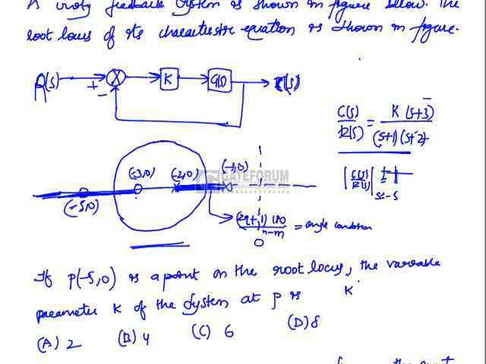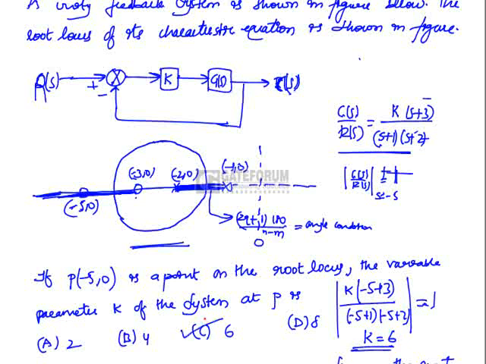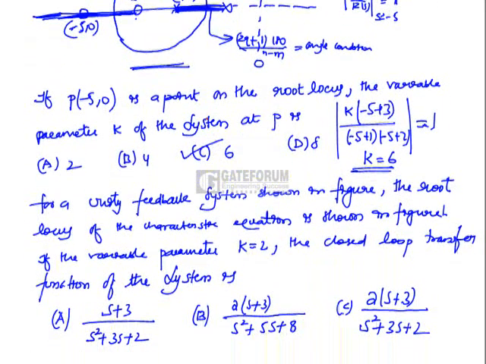At S equal to minus 5, this is K into (minus 5 plus 3) by (minus 5 plus 1) into (minus 5 plus 2). Magnitude is equal to 1. From this we will get K as 6. Option C is correct.